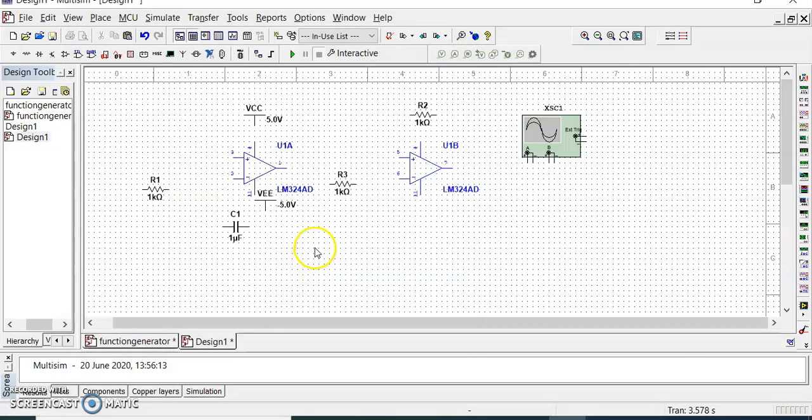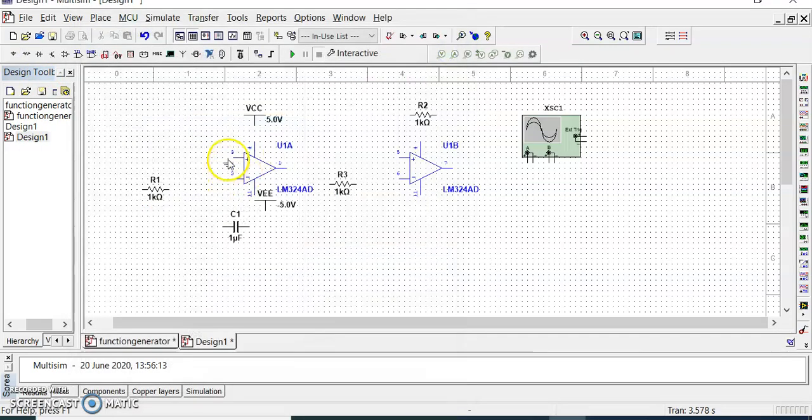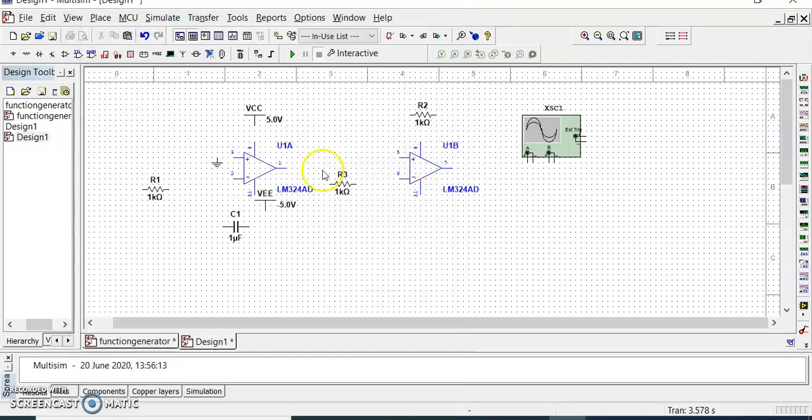Now make the connections between all these components by taking the wire. This one is connected to ground. Now make the connections between all these components.